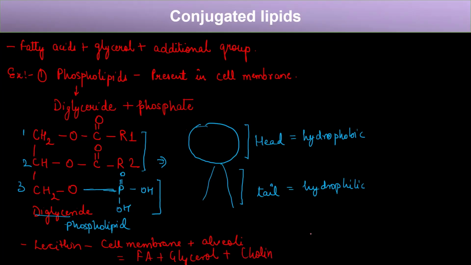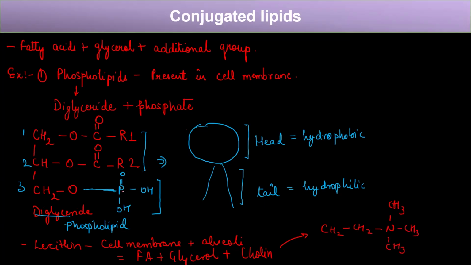What is the structure of choline? Choline looks something like this: CH2, and CH3, CH3, CH3.